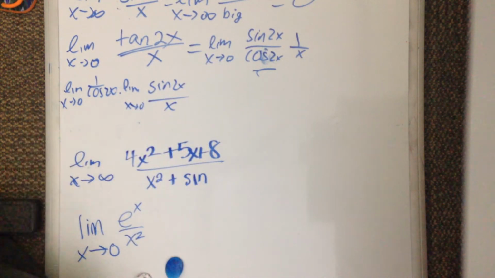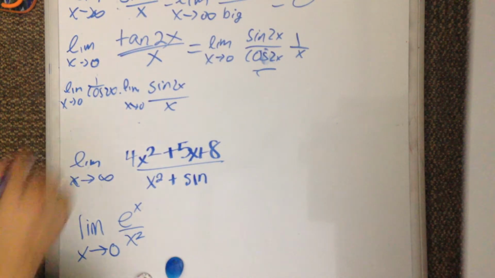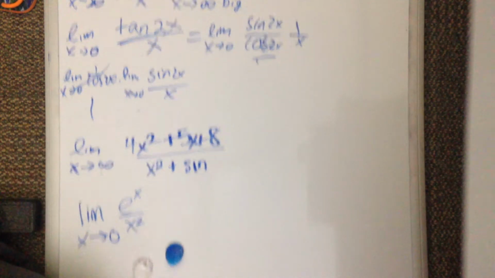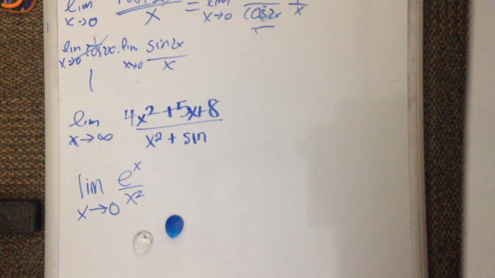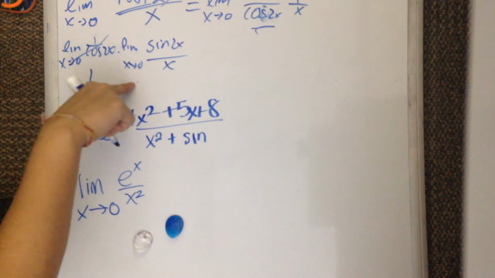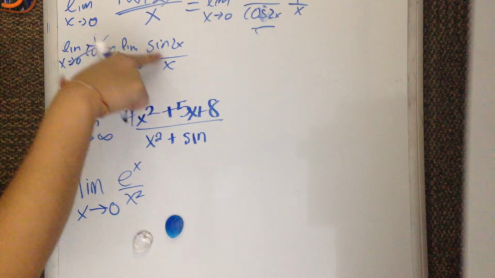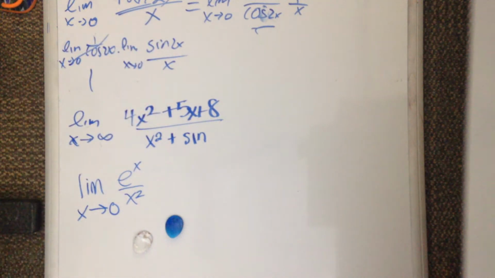For this one, plug in 0. 1 over cosine of 0 is 1 over 1, which is 1. So 1 times this thing is just itself. Then we have this thing, which we don't really understand at all. We want to make it so that we get something that is sine x over x, because we don't understand sine 2x over x.